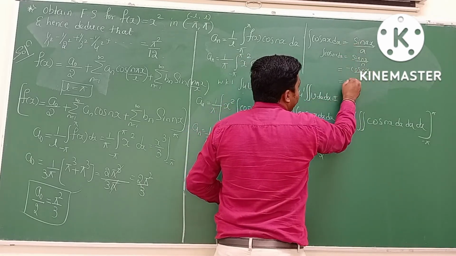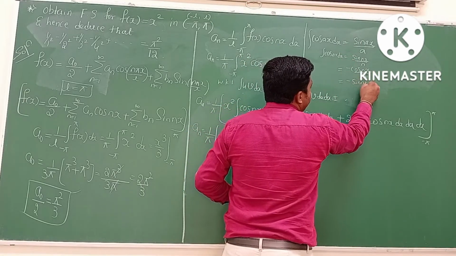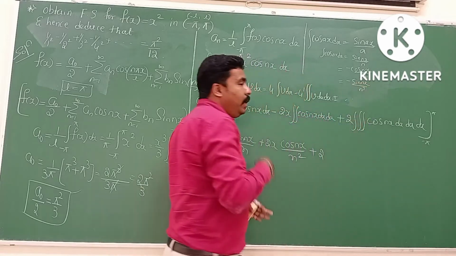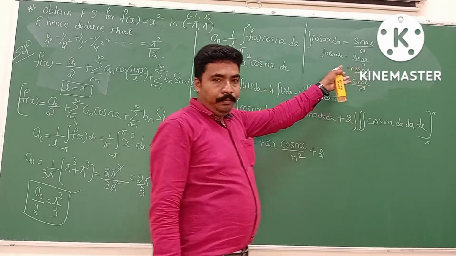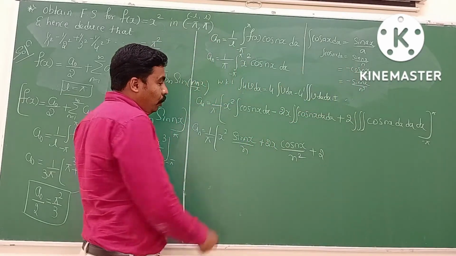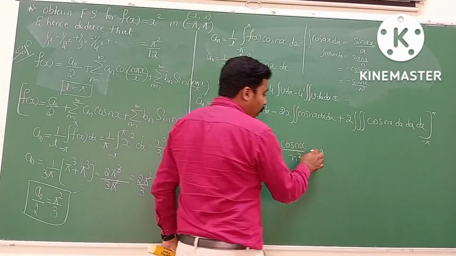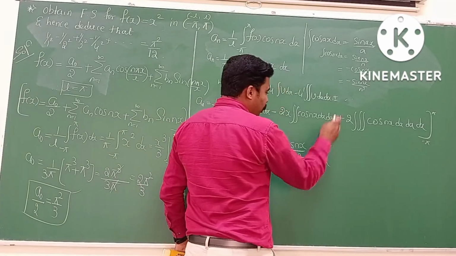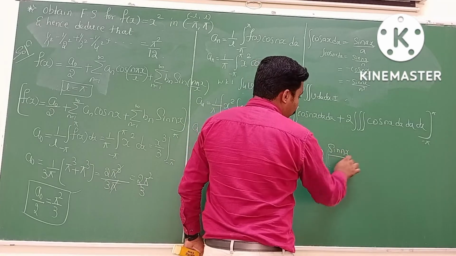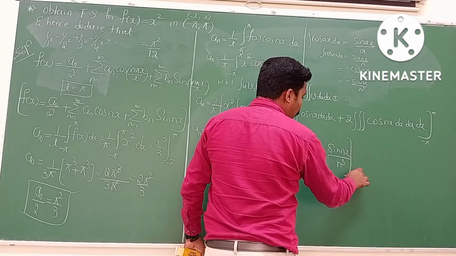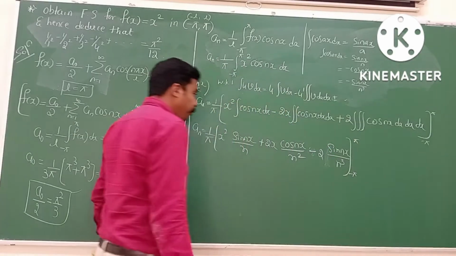Again its integration is, as it is, sin nx by n cube, because every time you integrate, you will have one n in the denominator. So its integration is, I will write plus into minus, sin nx by n cube, between the limits minus pi to pi.